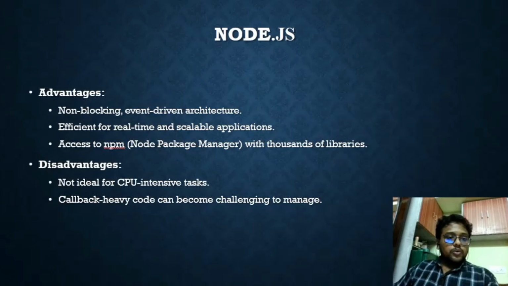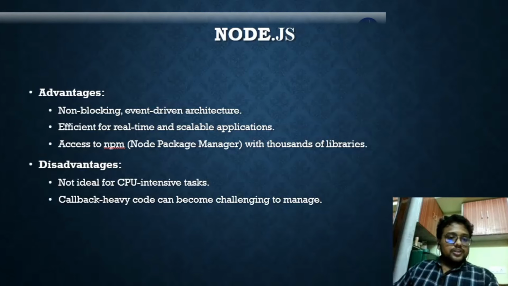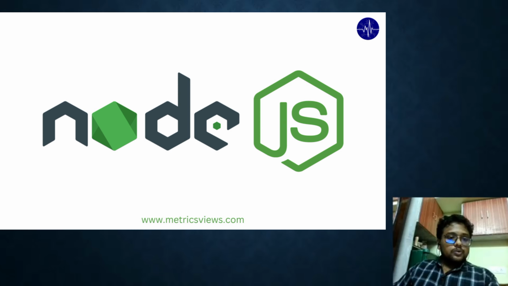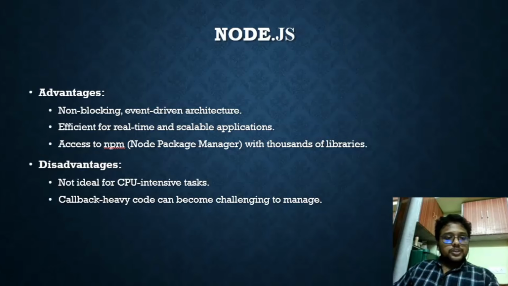Finally, let's talk about Node.js. Node is a server environment where everything comes together. It's like a glue that holds the stack together. What makes Node.js unique is its non-blocking, event-driven architecture. This is just a fancy way of saying that it handles multiple tasks effectively without making the server slow.